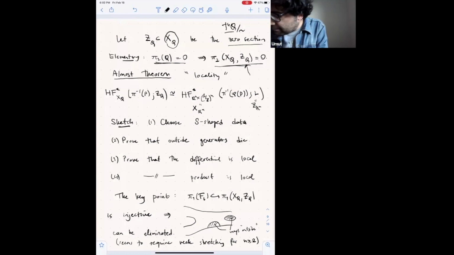Now here I call something an almost theorem. I thought it was a theorem, and I found a mistake in my proof, but I think it's fine. I don't expect it to be really that difficult, but I still have to work some things out.